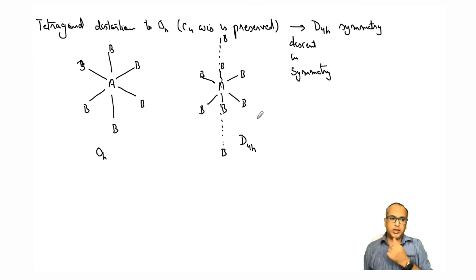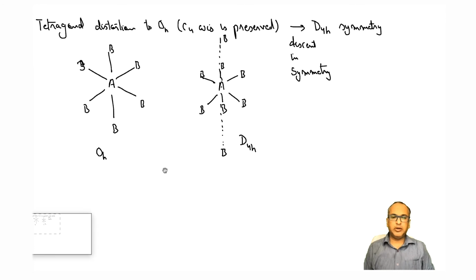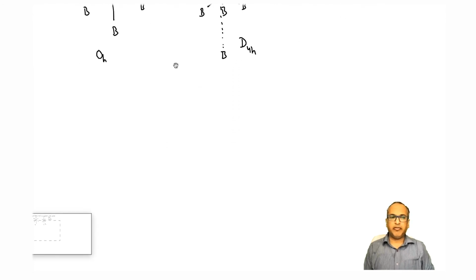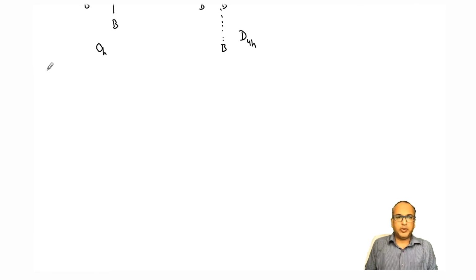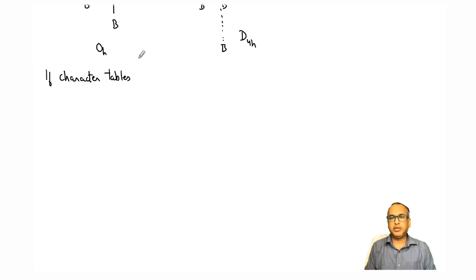Right? So now if you try to see what happens to the t2g and eg sets when you correlate the two character tables, we have seen this in descent of symmetry. How do you draw the correlation diagram between two point groups?